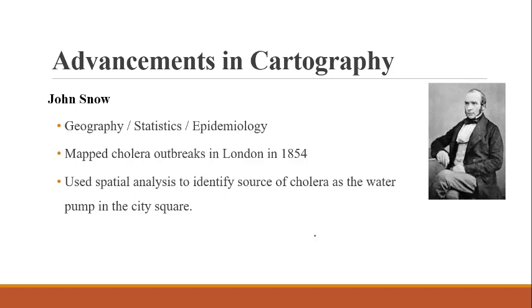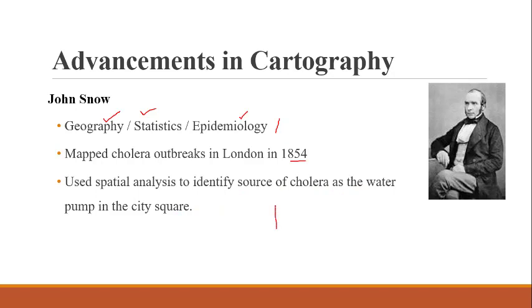Now coming towards the advancements in cartography. John Snow contributed a lot in cartography. He did a lot of work in geography, statistics, epidemiology and health sciences. He mapped cholera outbreaks in London in 1854. He used spatial analysis to identify the source of cholera as the water pump in the city square.